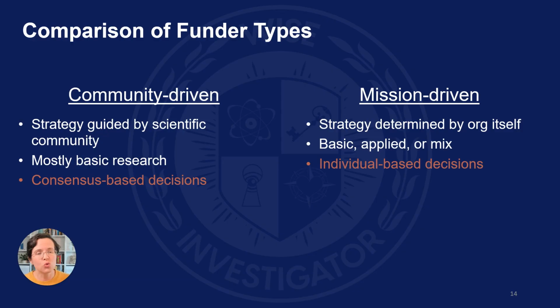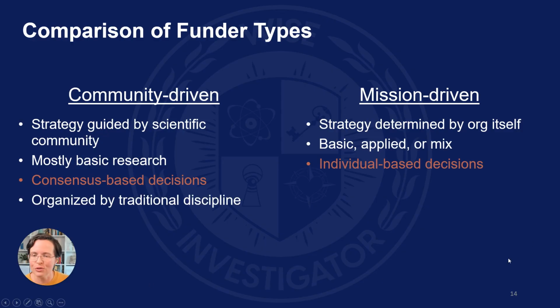Same thing in a mission-driven organization when there is a decision being made regarding a large amount of money, like something like a MURI, which they're now over $7 million. There will be a panel, there will be a committee of some kind that comes together and generates a consensus around that decision. So this is not in any way black and white, but this is a very important thing to understand so that you can start to have success with DoD funding.